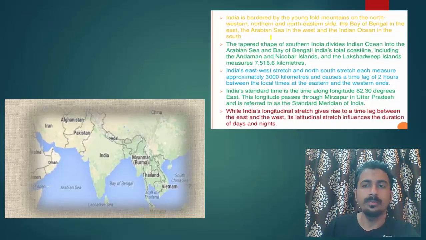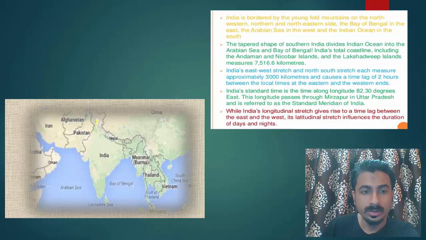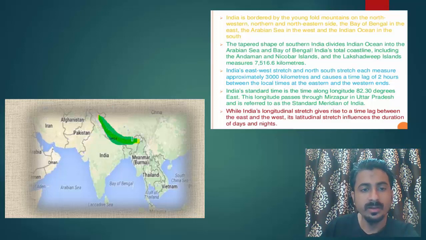Now we will talk about main geography. Now in the north, you can see green patches. Okay, I will change the color. This green patch is Himalayas. Why green? Because they are mountains and they have vegetation. So they are green in color.